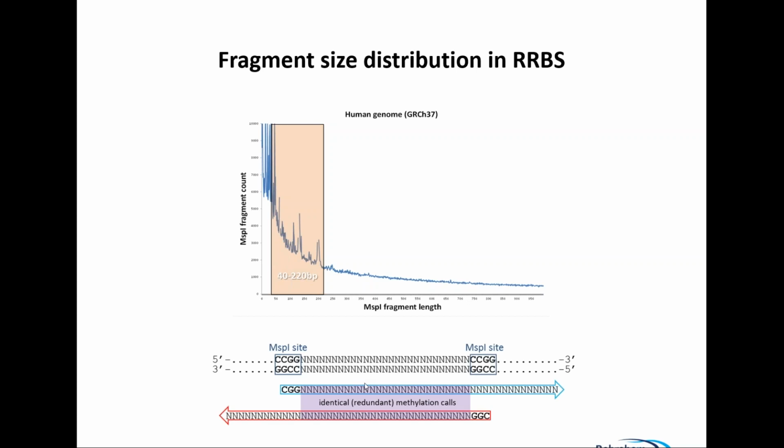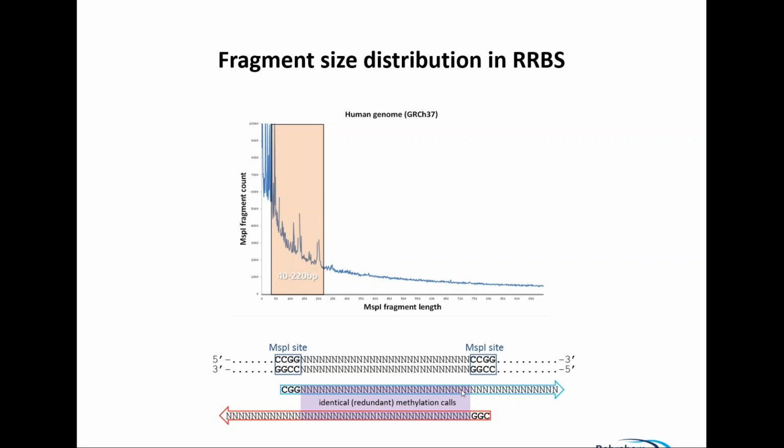Sometimes I get emails from people who did RRBS and sequenced with a 2x300 base pair protocol. This is completely pointless, because as you can see here, the majority of reads will be very, very short.